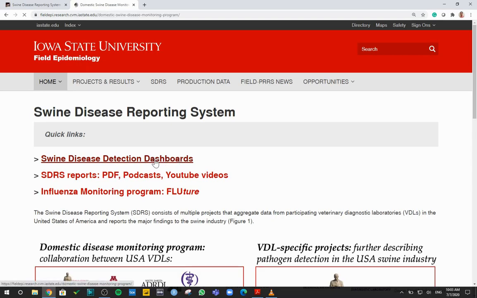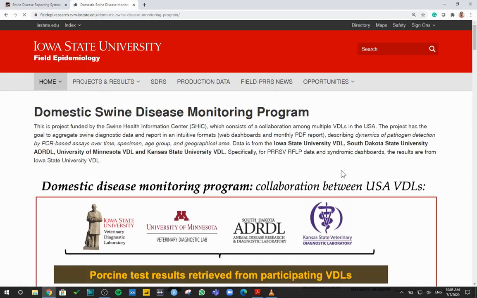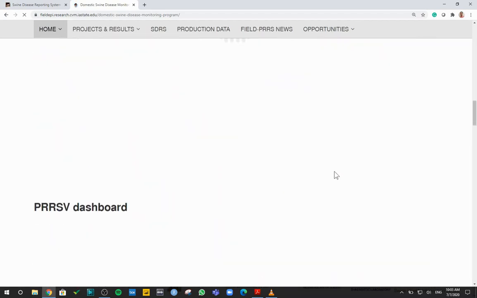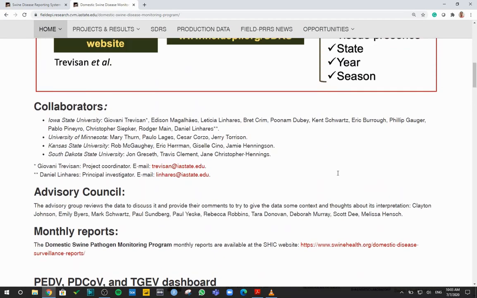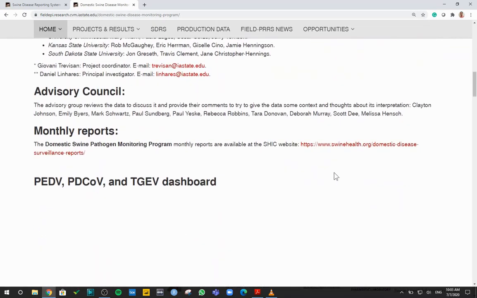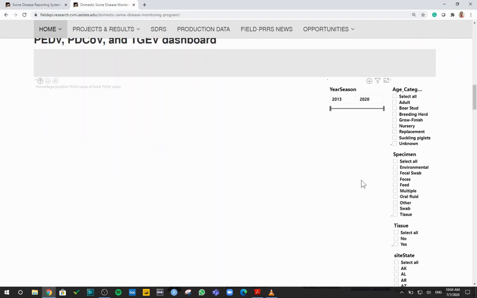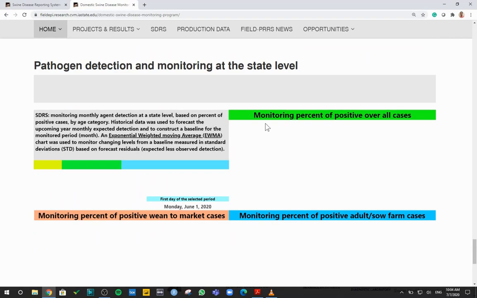So each state has a specific baseline that was constructed based on 3, 4, or 5 years of historical data. This data was scanned by 21 different smoothing models accounting for trend and seasonality in the data. So the best model that we found is used to forecast the coming year's monthly expected detection.